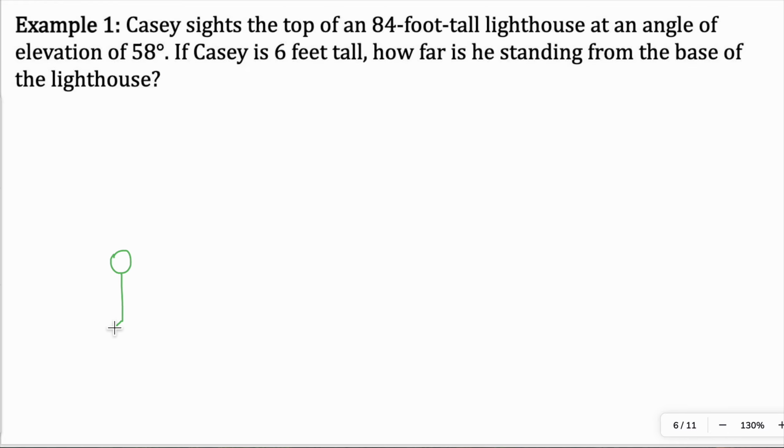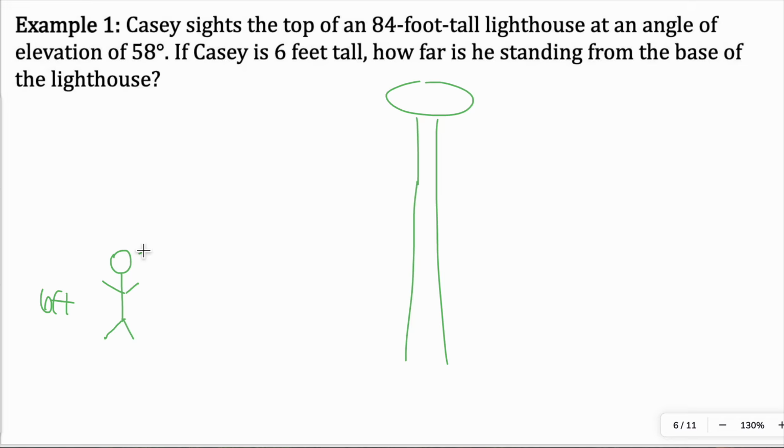So first we can start by drawing Casey, and then a lighthouse. I don't think it needs to be anything really crazy there. Casey is 6 feet tall, and the angle of elevation is 58. So that is above the horizontal line of sight.